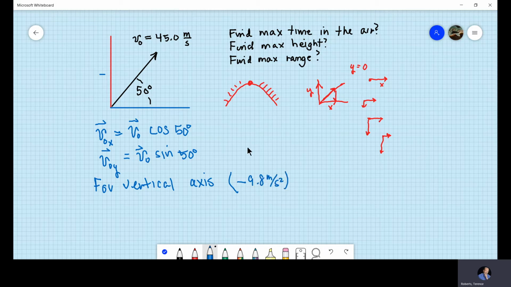That is the only acceleration in the vertical axis. And for the x, it's just going to be x equal to the velocity times time. Basically, that is just this equation right here, delta x over delta t.